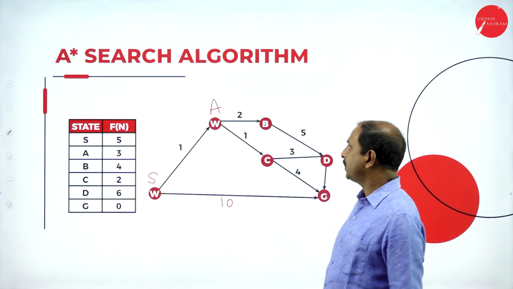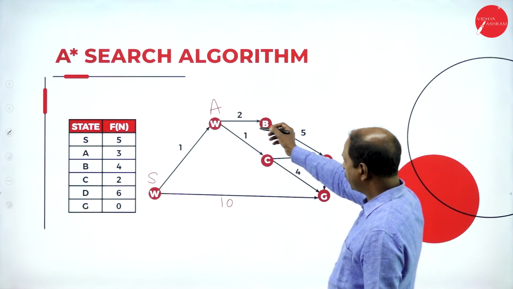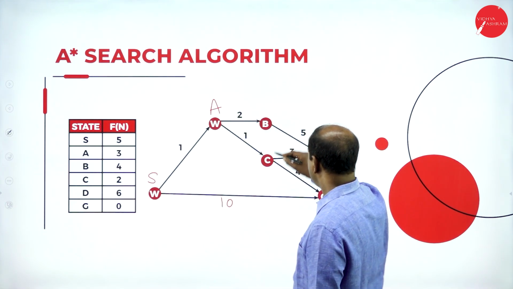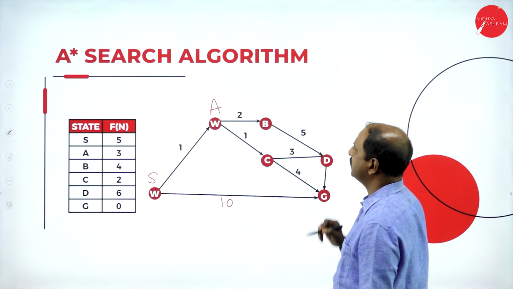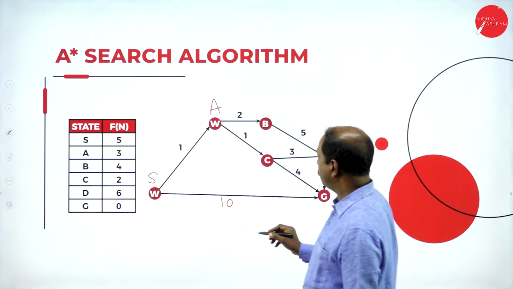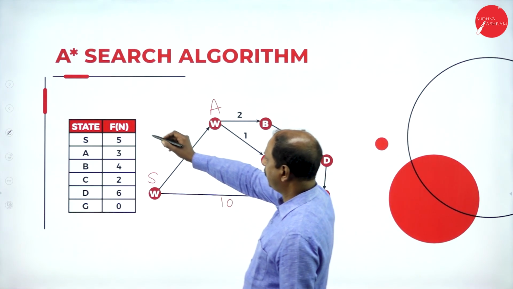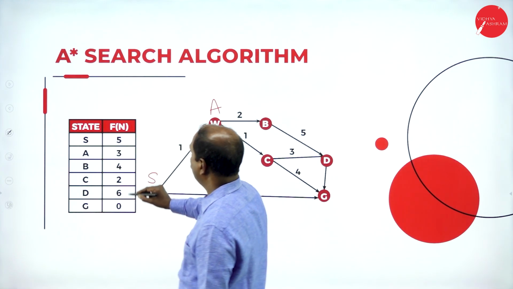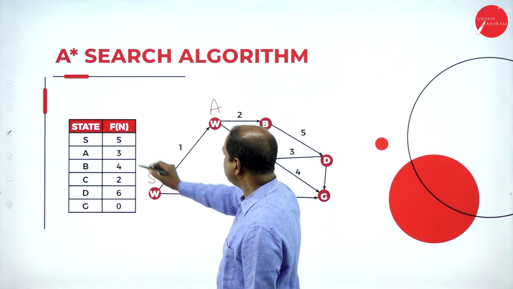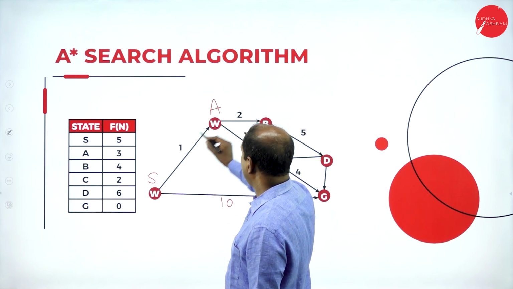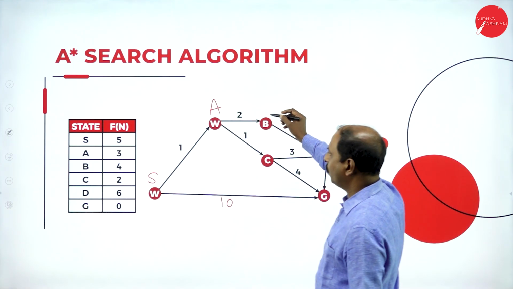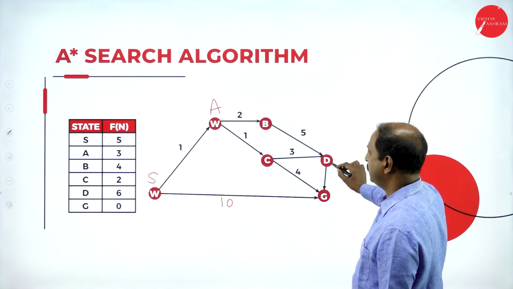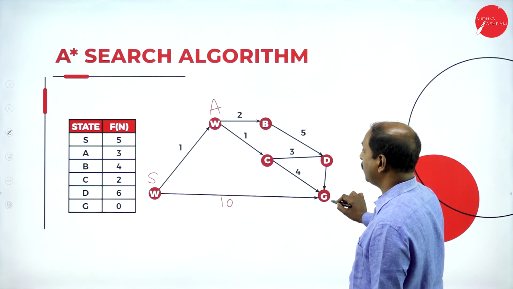Now let us look at the example here. This is the graph with S as the start node, and A, B, C, D and G. These are the states, these are nodes, and these are the function values: S is 5, A is 3, B is 4, C is 2, D is 6 and G is 0.